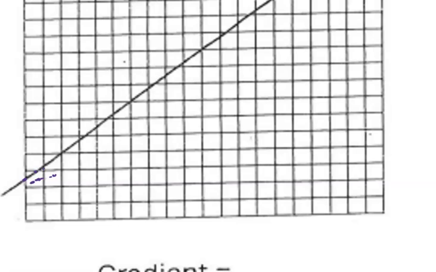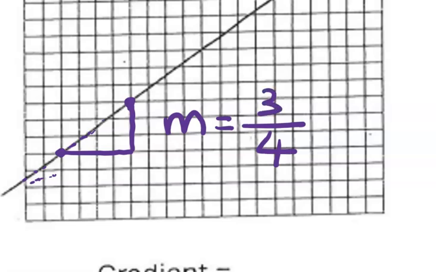That's no good, that's no good, that's no good, that's one there. Then I have to keep working my way along until I get to this one here, so I've got a bigger triangle to draw in. I'm going out 1, 2, 3, 4, and I'm going up 3. So the gradient will have 4 for the horizontal change and 3 for the vertical, so my gradient will be 3/4 for that one.